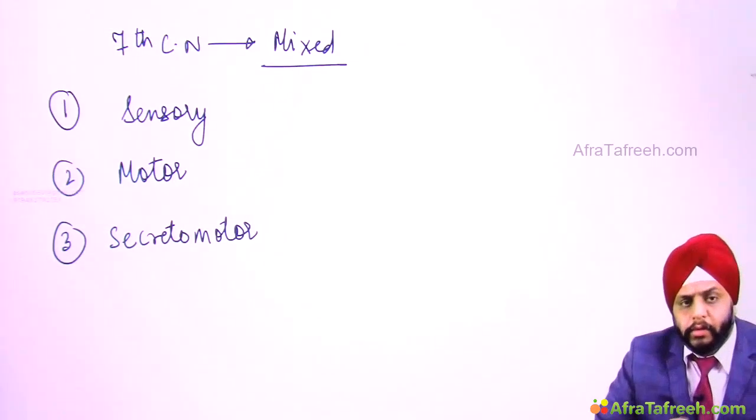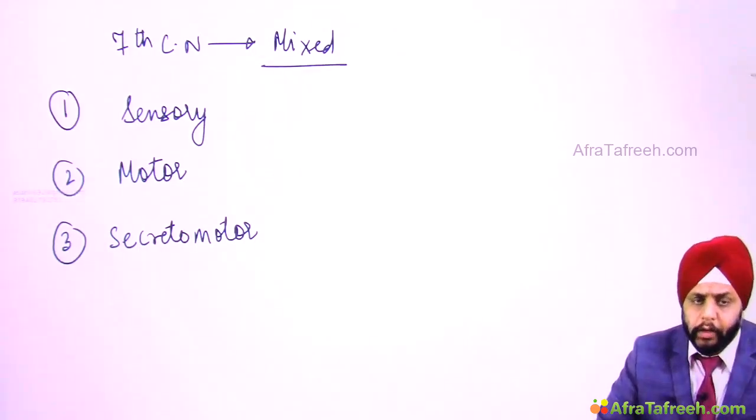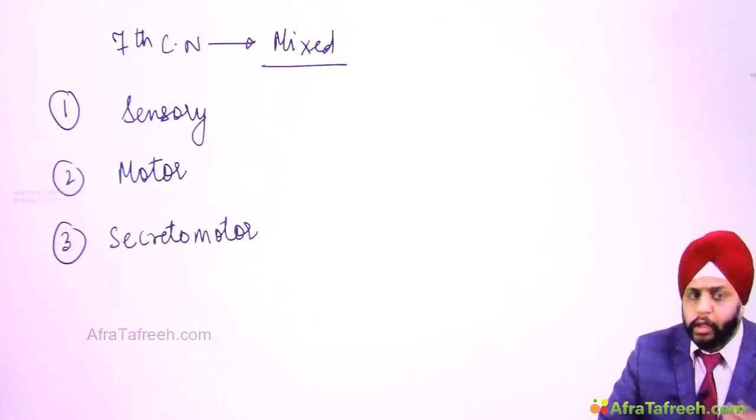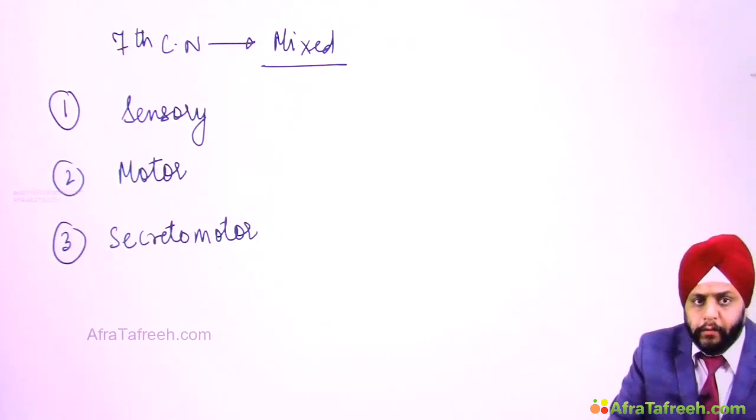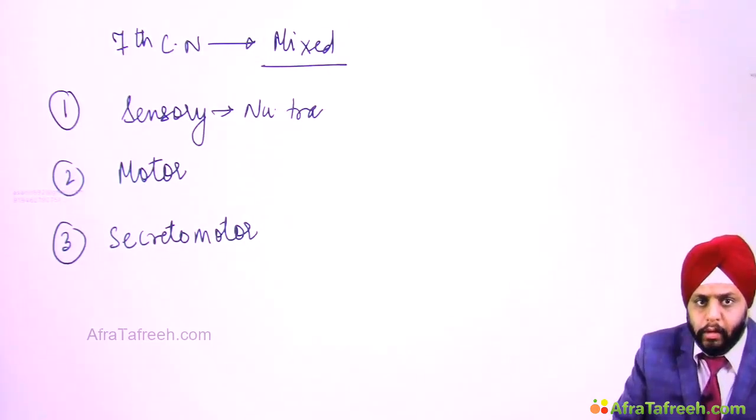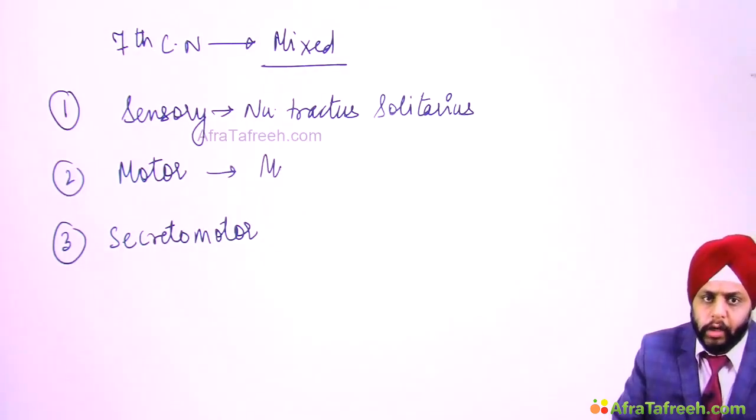So that means to do these functions, we have three nuclei also in the facial nerve. So what are the three nuclei? For the sensory function, we have the nucleus tractus solitarius. For the motor function, we have the motor nuclei.